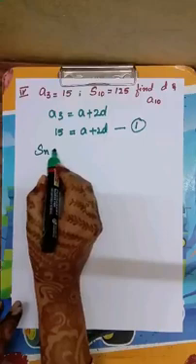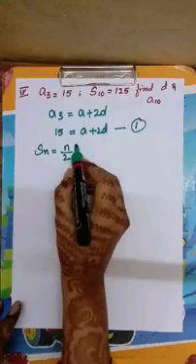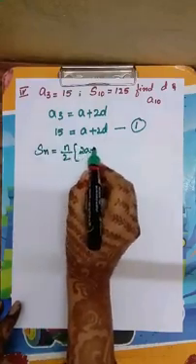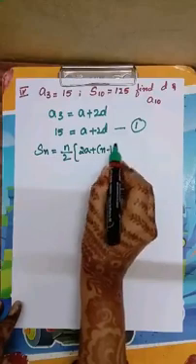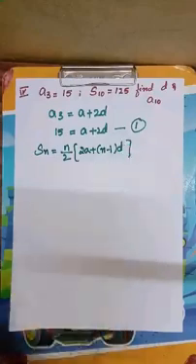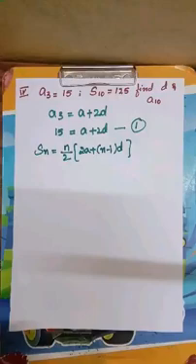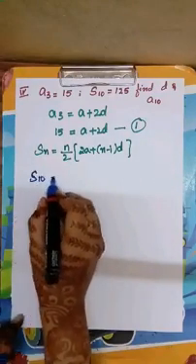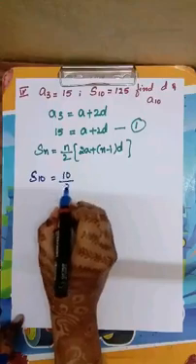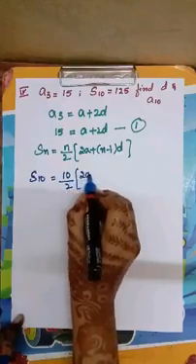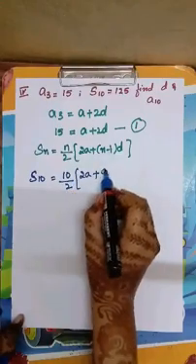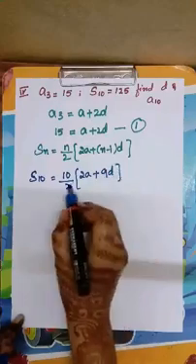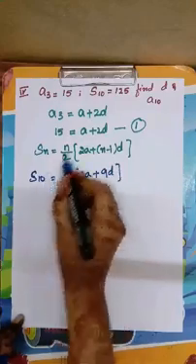First put the Sn formula. Sn is equal to n by 2 into 2a plus n minus 1 into d. In the place of n, substitute the value 10. That is S10 is equal to 10 by 2 into 2a plus 10 minus 1 is 9d. 2 ones are 2, 2 fives are 10.